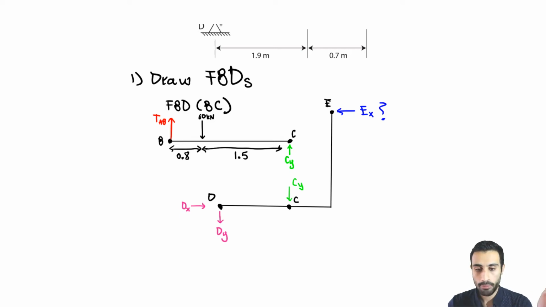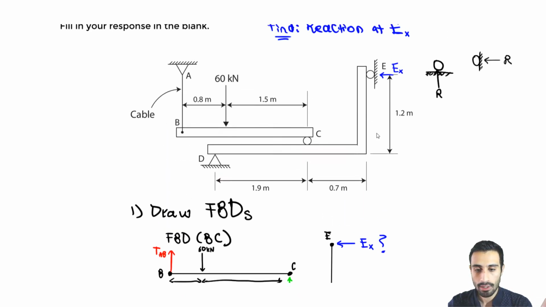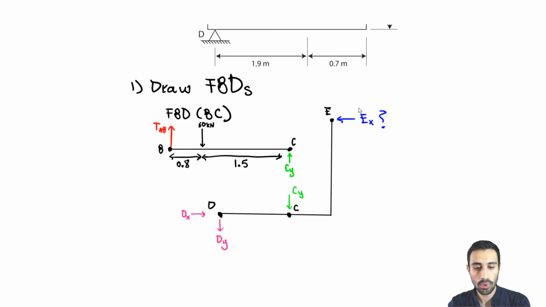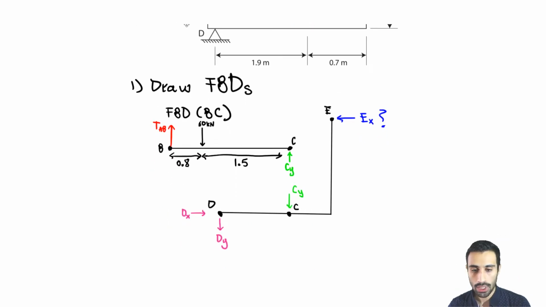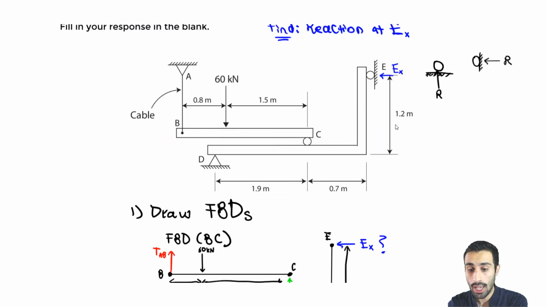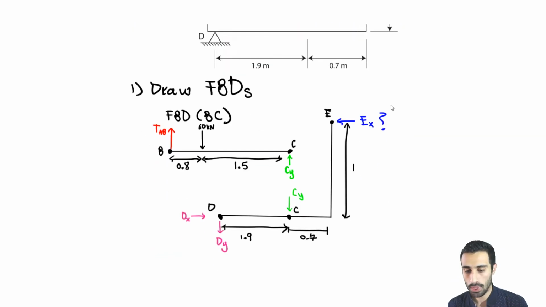So now we have basically both free body diagrams denoted, but let me label the distances real quick. We know this will be the 0.7. This will be the distance of, how much is that? That's going to be 1.9. And this will be the distance of, let's label that, 1.2.